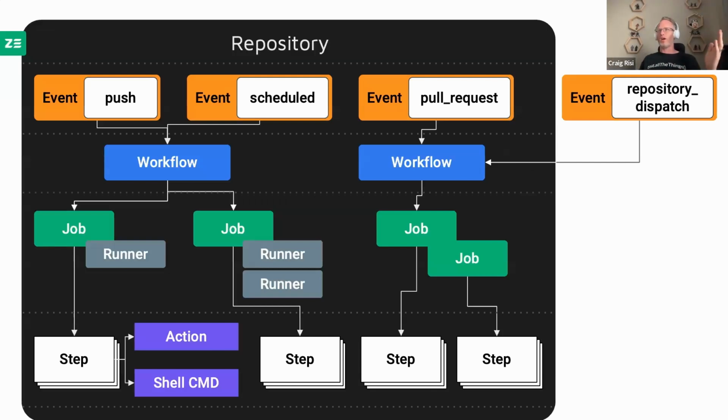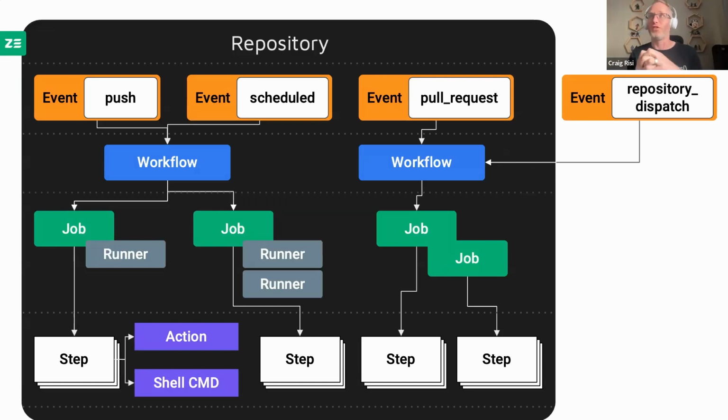So this is essentially how it works. You have your code repository, and then an event needs to happen. So whether I've pushed code, whether I've got a pull request on my code, or maybe I've scheduled something to run on a regular basis, that will then trigger a workflow. And that workflow is essentially what does this need to do? And that workflow can pull across multiple different jobs.